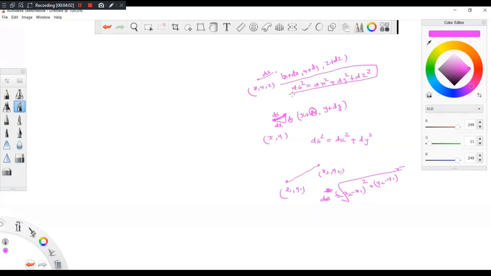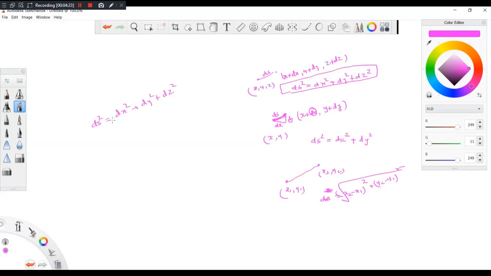And some of the points I want to bring to your attention is that in ds square, when I write dx square plus dy square plus dz square, the coefficient of dx square is 1, the coefficient of dy square is 1, the coefficient of dz square is 1.